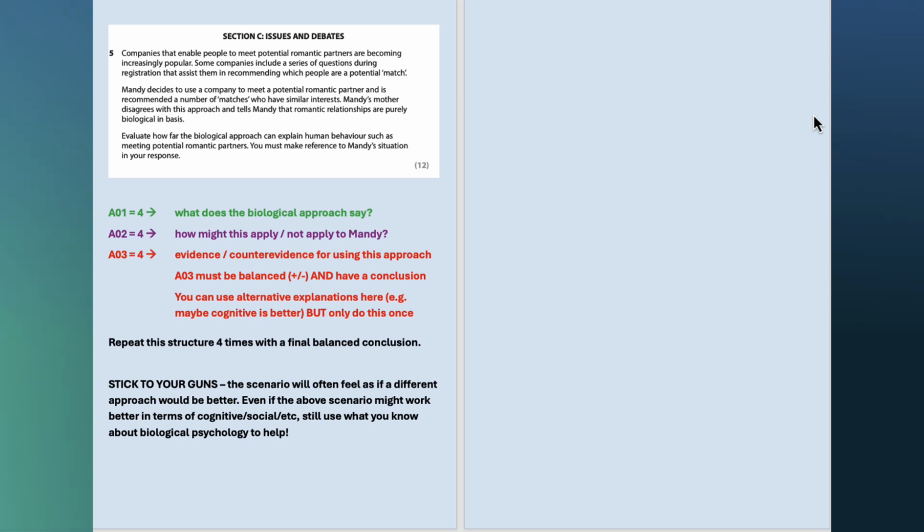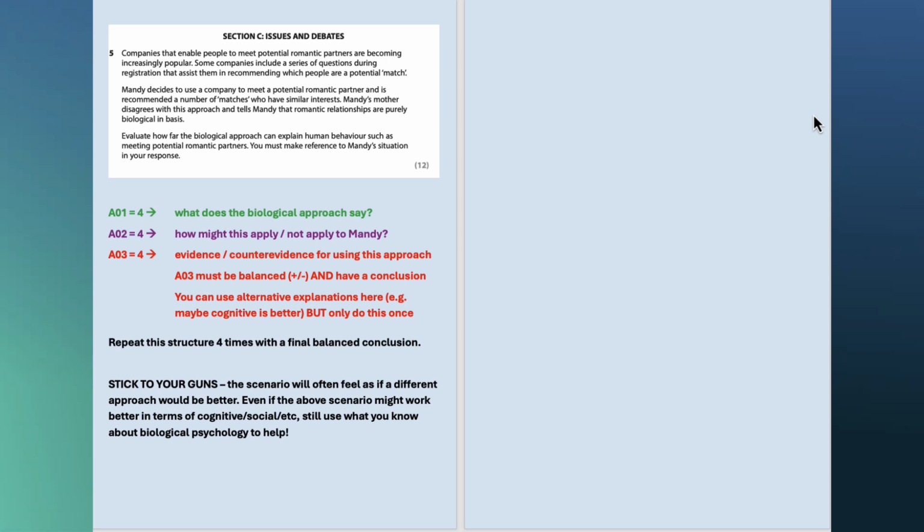Mandy decides to use a company to meet a potential romantic partner and is recommended a number of matches who have similar interests. Mandy's mother disagrees with this approach and tells Mandy that romantic relationships are purely biological in basis. Evaluate how far the biological approach can explain human behavior, such as meeting potential romantic partners. You must make reference to Mandy's situation in your response.